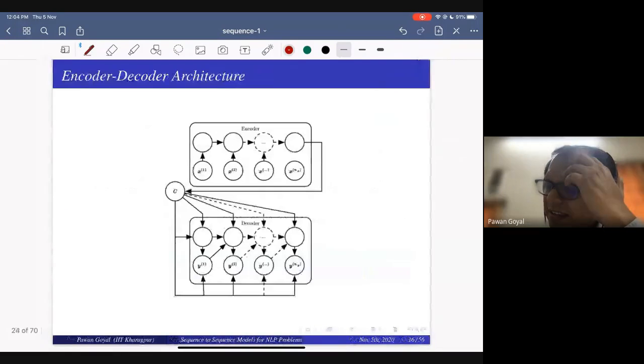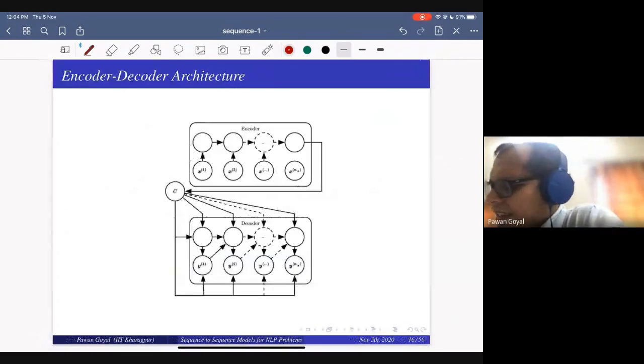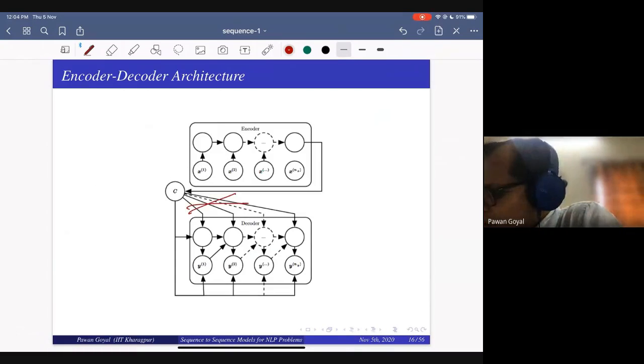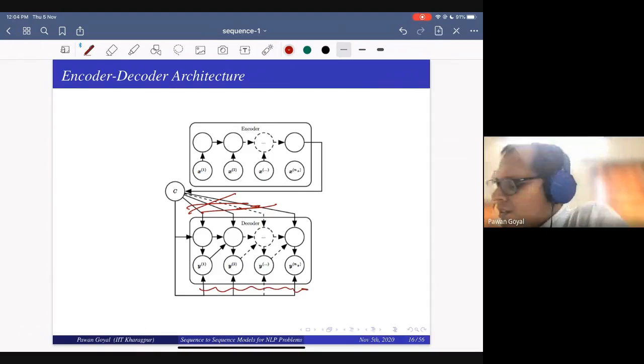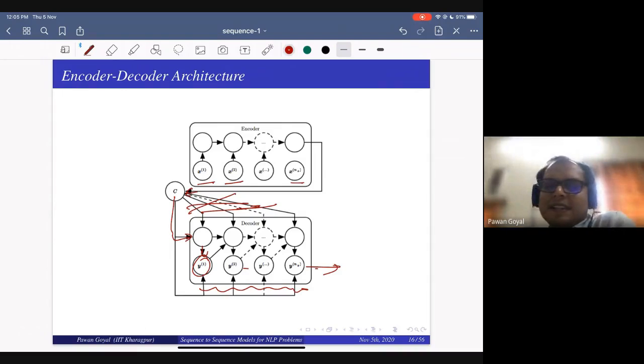So yeah, and this is one way you can see that although we don't use many of these connections, we generally don't use all these connections. We say, okay, you have the input sequence x1 to xn, x will give me C. Now the C will help me in decoding y1 to yn. Okay. So this is the encoder and decoder architecture. Now in terms of what you have already learned in RNN, this looks a very simple extension.